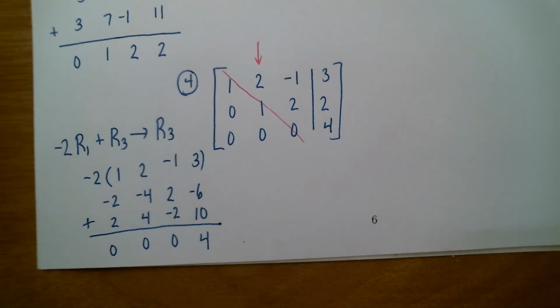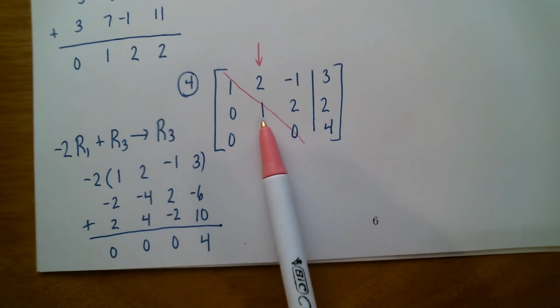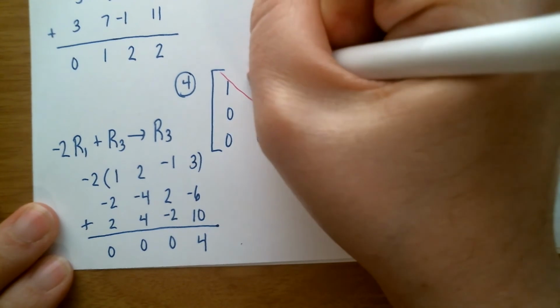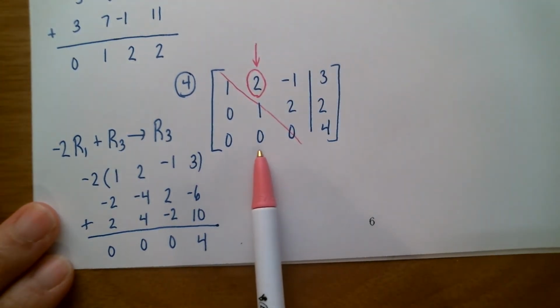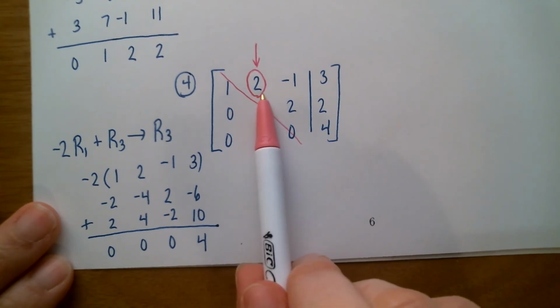For the second column, we would need to have a 1 in this position, and that's great, because we already do. Now you want to zero out above and below it. Good news is below it, it's already a 0. So your next step would be to make this a 0.